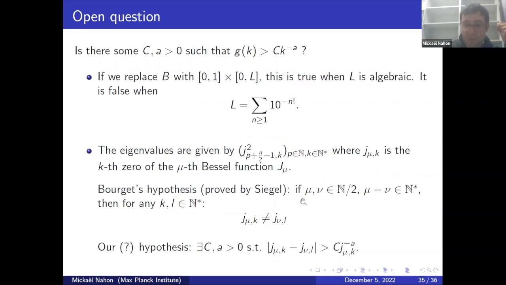There's a hypothesis, called the Bourget hypothesis, but it's a theorem that was proved by Siegel, that says that when you take two zeros that correspond to eigenvalues of the ball for different Bessel functions, they cannot coincide, meaning that you cannot have a radial eigenvalue and a non-radial eigenvalue that coincide. And the question, which I put as a hypothesis because I don't know if it appears somewhere else, is whether you can have a quantitative version of this. This would allow for a linear stability for the zeta function of lambda k or the trace of the heat kernel.